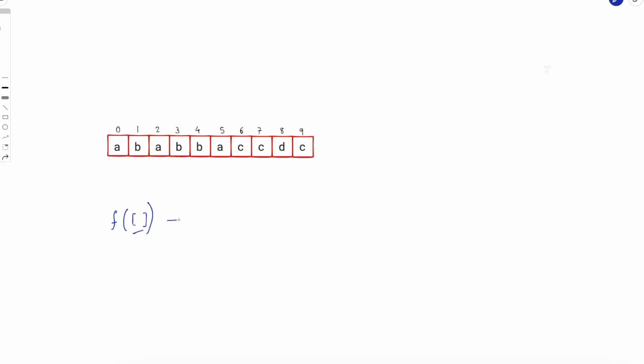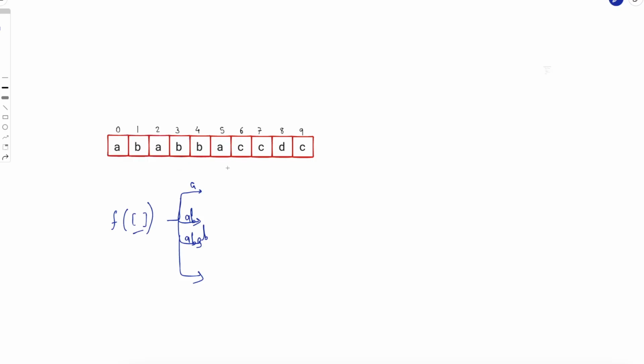Now what you are saying is there are various possible ways to partition the first string, right? So in this particular scenario you can take a, right? You can take ab because this AB is again a valid first partition. Then you can take ABA, this is a valid first partition as well. Then you can take this entire thing as well, ABABBA. This is again a valid first partition.